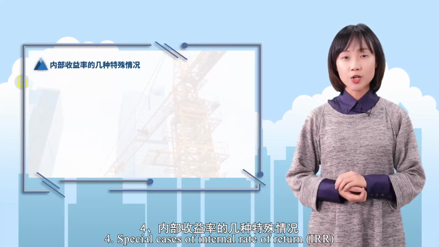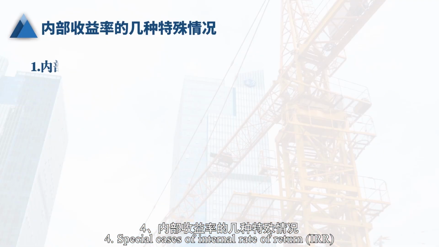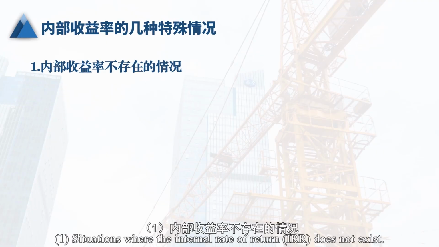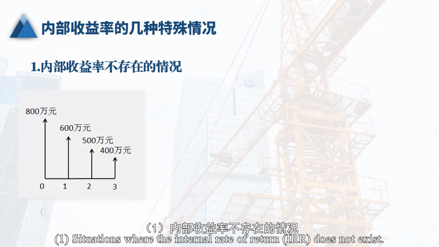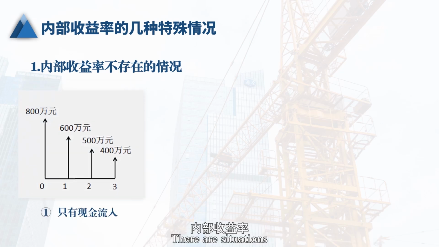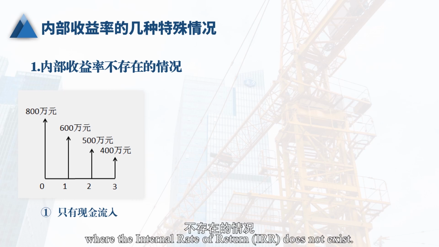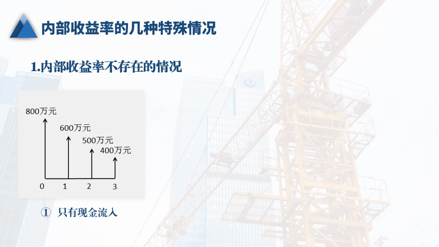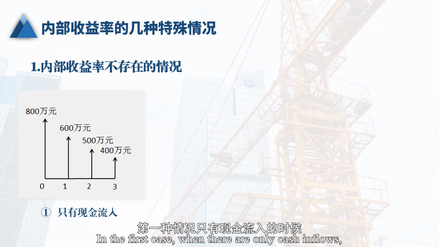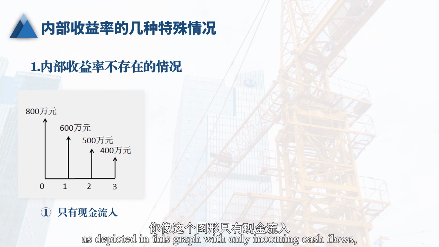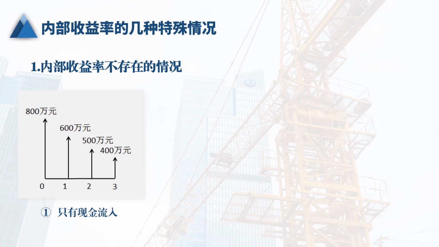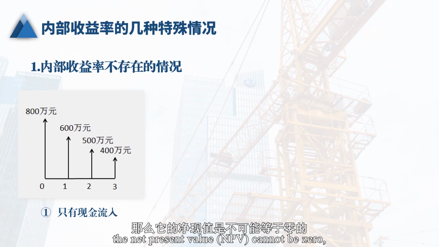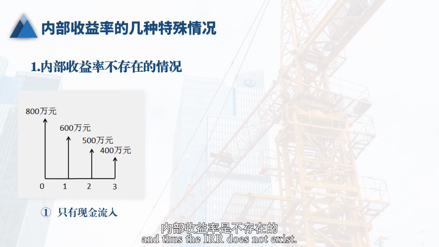Fourth, special cases of internal rate of return IRR. First, situations where the internal rate of return IRR does not exist. There are situations where the IRR does not exist. In the first case, when there are only cash inflows, as depicted in this graph with only incoming cash flows, the net present value NPV cannot be zero, and thus the IRR does not exist.